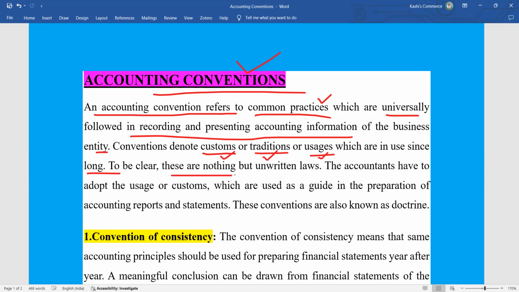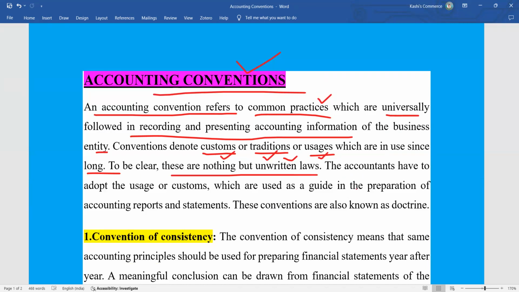These are nothing but unwritten laws. We cannot find these conventions mentioned in any laws like the Companies Act or other areas. So these are the common traditions. Whether we follow them or not depends on the business entity.